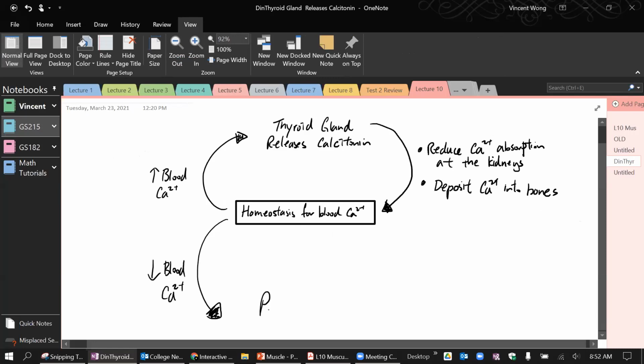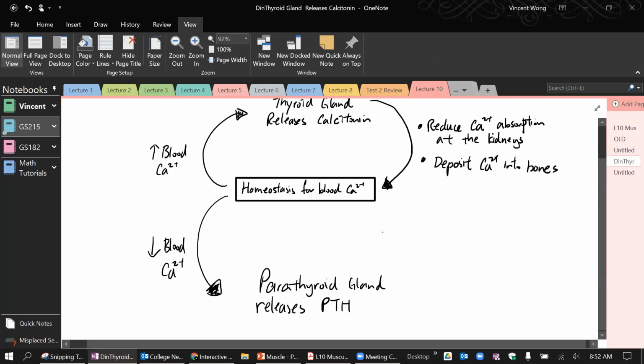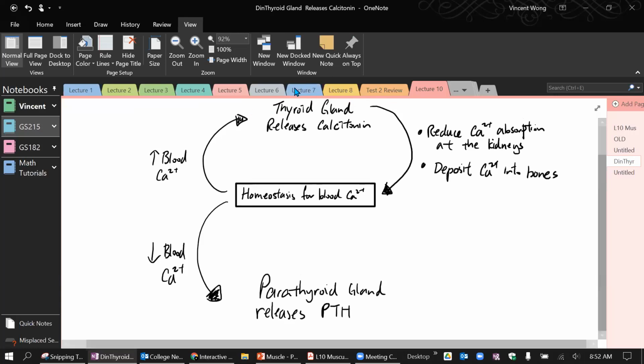That's going to trigger the parathyroid gland to release parathyroid hormone, or PTH. The parathyroid glands are actually four glands on the back of your thyroid gland.